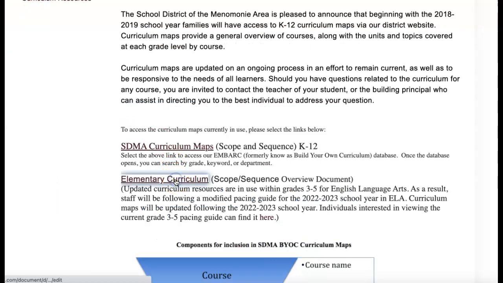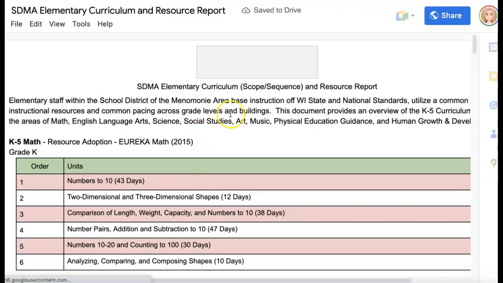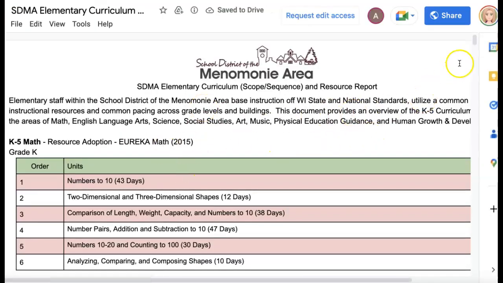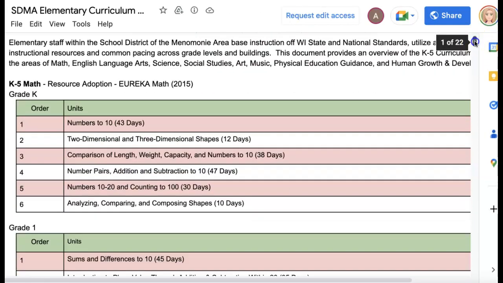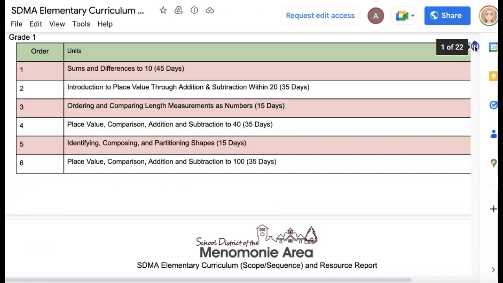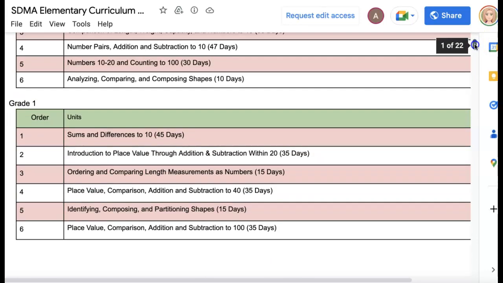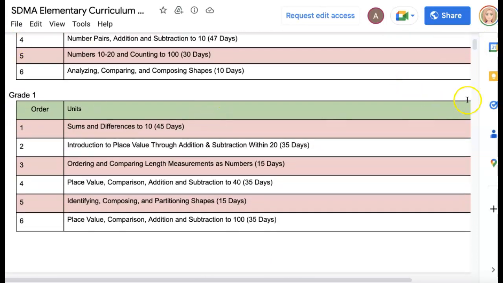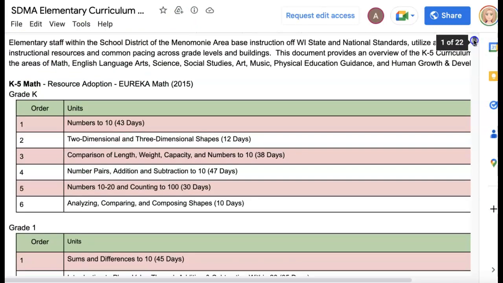Okay, so there's elementary. So for those of you in elementary, you'll see that looks a little bit different, but there certainly are things for you to go through here. And let's see, there it is. Okay. So this is K5 math, and it's this section right here is K5.